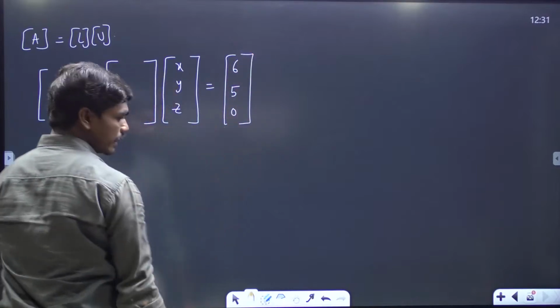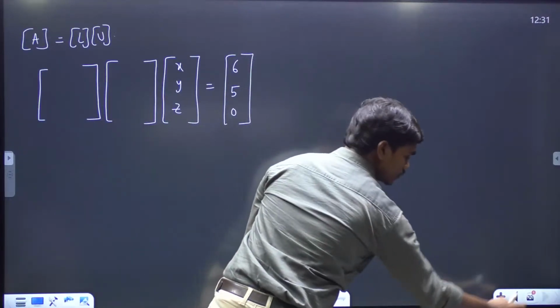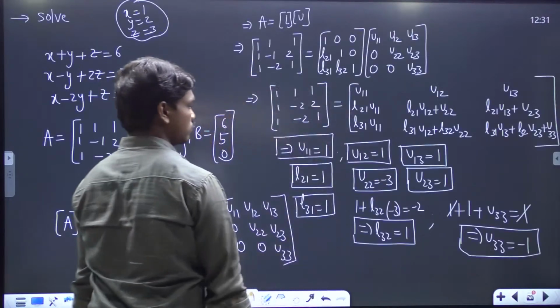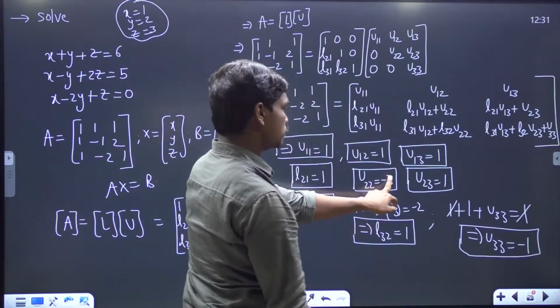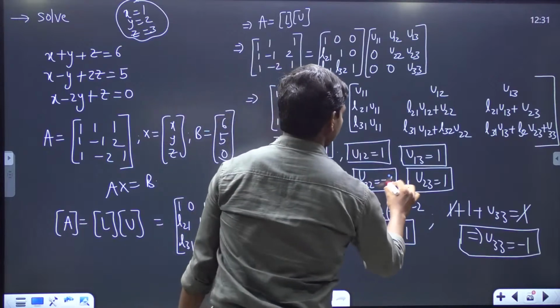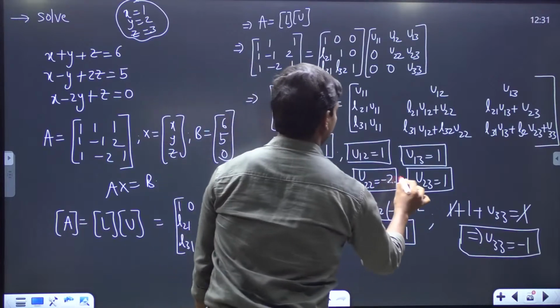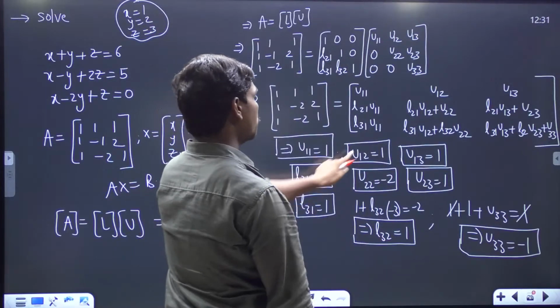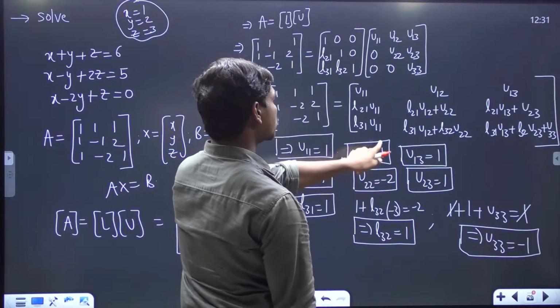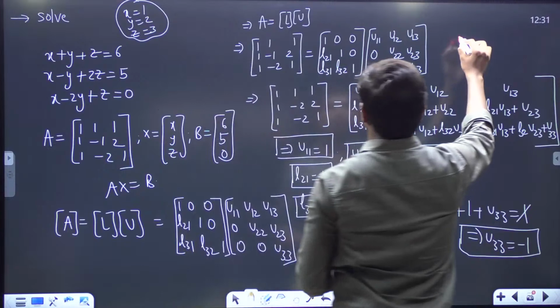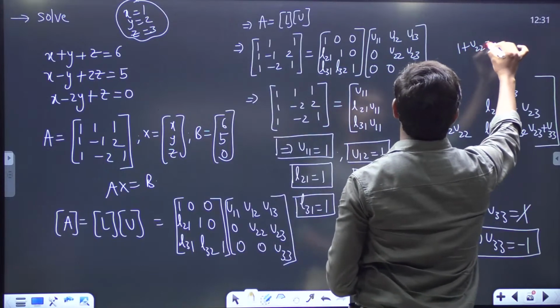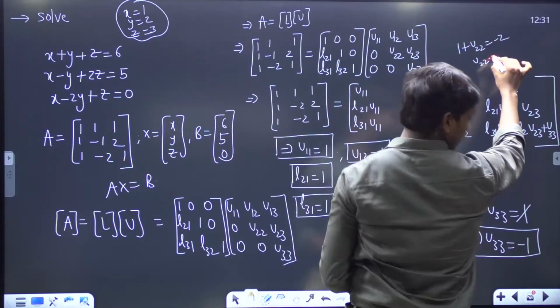So let us write the elements. U22 is minus 2. Let me check. L21 into U12, which is 1 into 1. 1 plus U22 is equal to minus 2. Then U22 is minus 3, right?